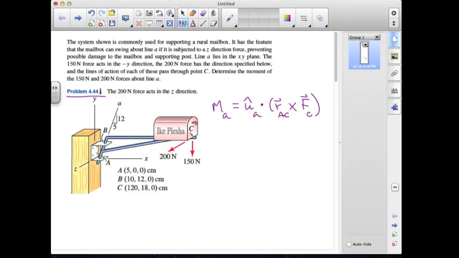And our unit vector along A, again, we can see from the 5, 12, 13 triangle, this lies in the xy plane, and this is going to be 5/13 in I plus 12/13 in J. And then RAC is RC minus RA, and that is equal to 115I plus 18J centimeters.